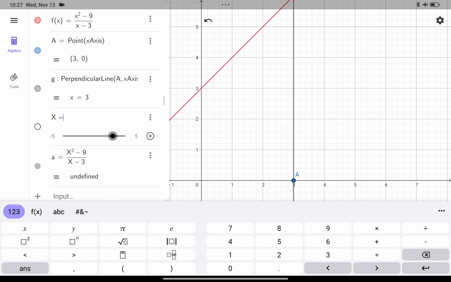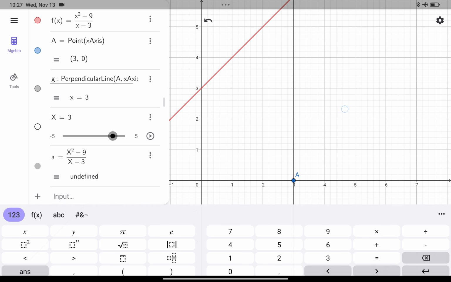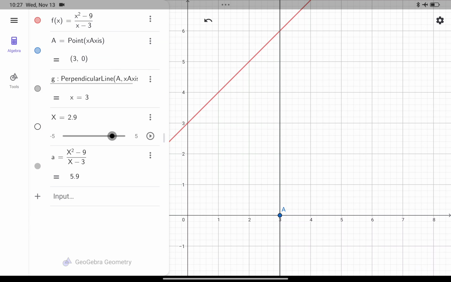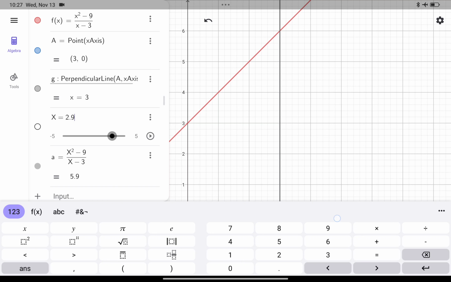It doesn't give you the exact value, but it gives you the approximate. Since we know the approximate is approaching 6 as x approaches 3, we can assume that the value would be 6. It gives you 6, and since this is 2.9999, we can make the conclusion that this value is gonna be 6.